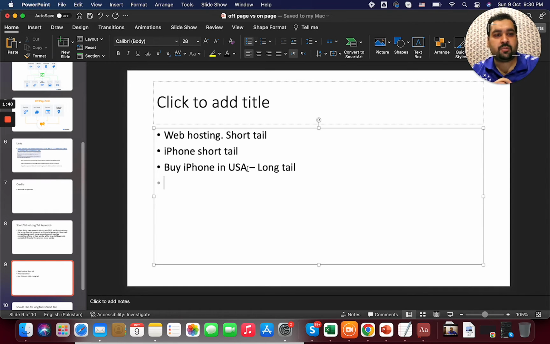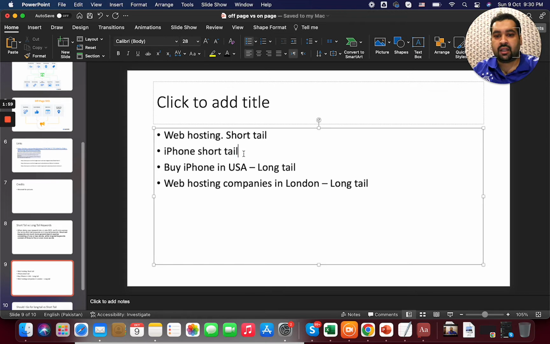Or if I'm searching web hosting companies in London, 1, 2, 3, 4, 5, that is again a long tail keyword.